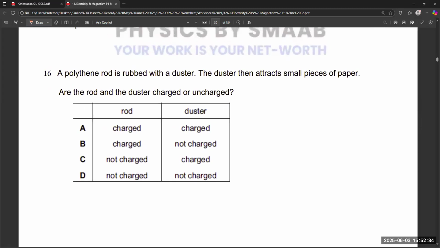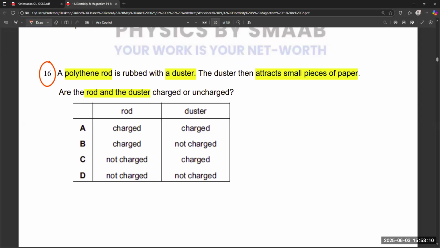Okay, question number 16. A polythene rod is rubbed with a duster, and the duster then attracts small pieces of paper. Are the rod and the duster charged or uncharged? They rub against each other, and then we place the duster close to the pieces of paper, and the duster attracts the pieces of paper.